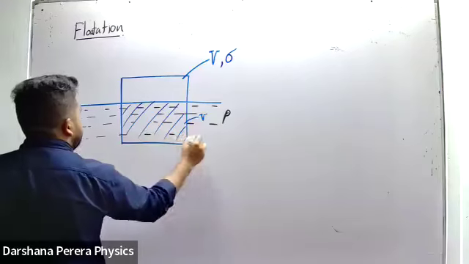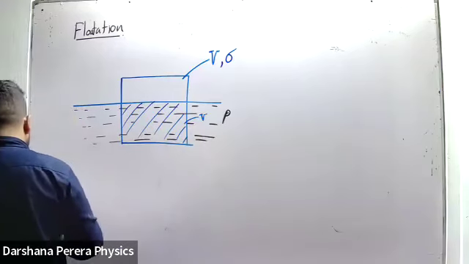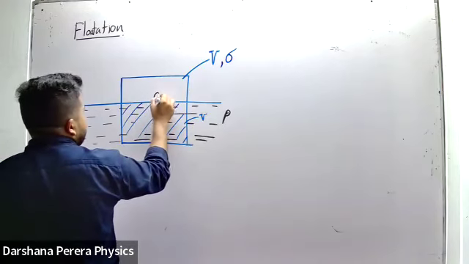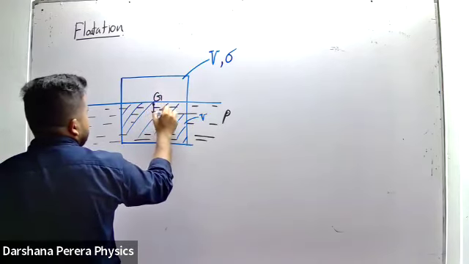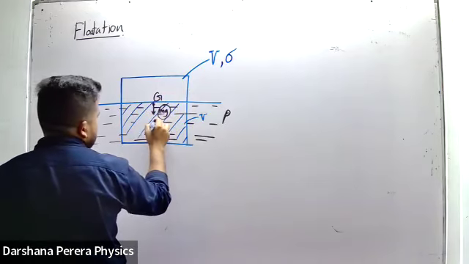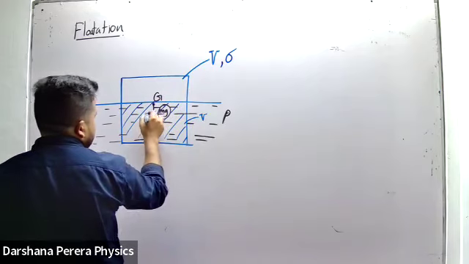Okay, draw this one. We can mark the forces, no? So the center of gravity G acts with Mg, and the upthrust acts at G dash.